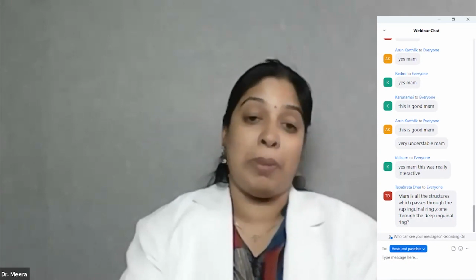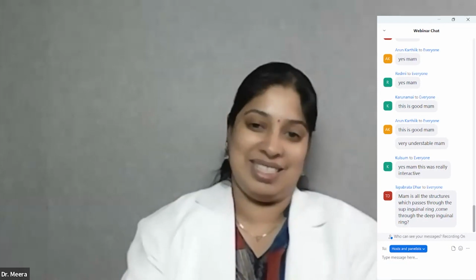If a hernia occurs, it follows the path of the spermatic cord. I told you the inguinal canal is formed by the descent of the testis. The testis and spermatic cord descend together, so whatever path is taken by the spermatic cord will be the path taken by the inguinal hernia. So it's only the spermatic cord which passes through both the rings.